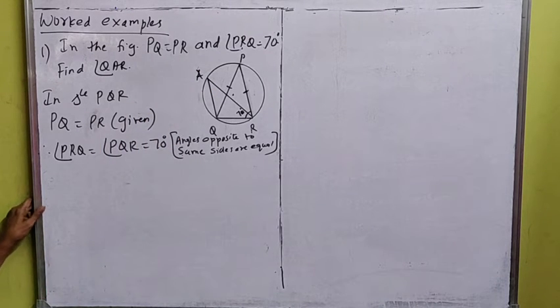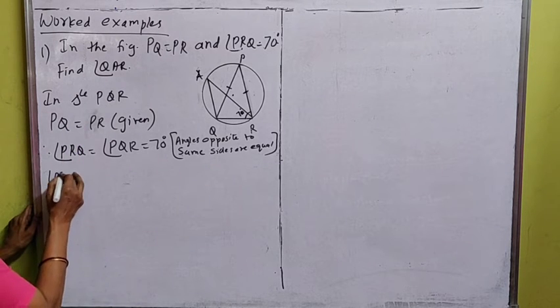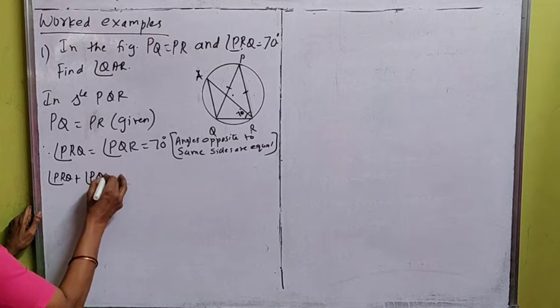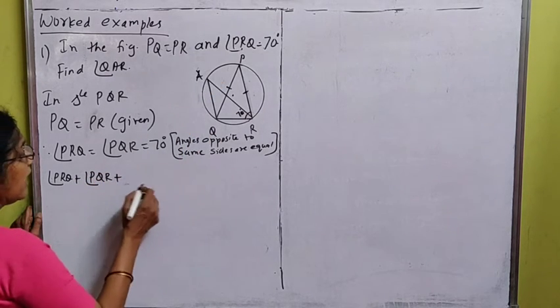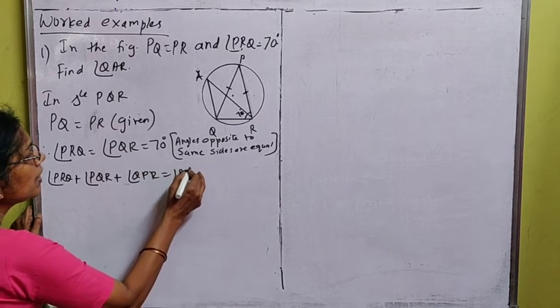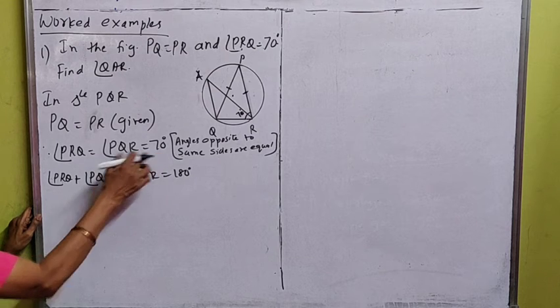Now according to the interior angle theorem, what does it say? That the sum of all three angles is 180 degrees. That we will write down. Angle PRQ plus angle PQR plus angle QPR is equal to 180 degrees. These two angles we know are each 70 degrees.